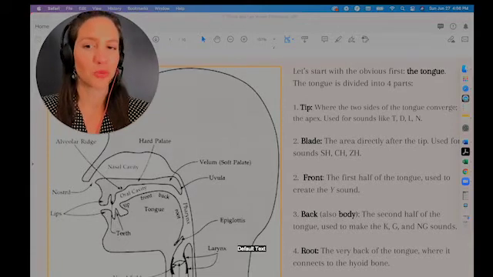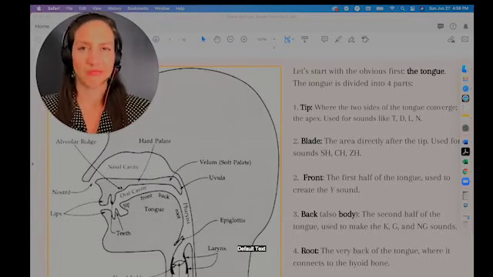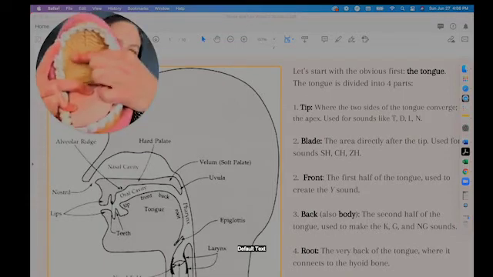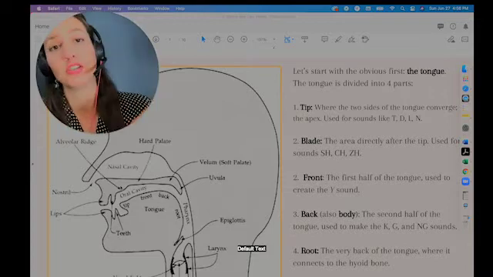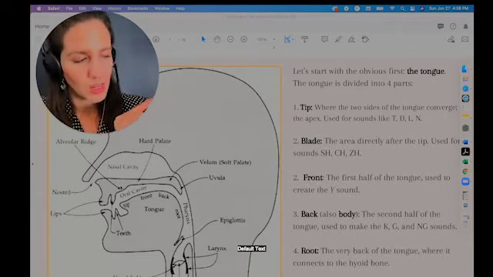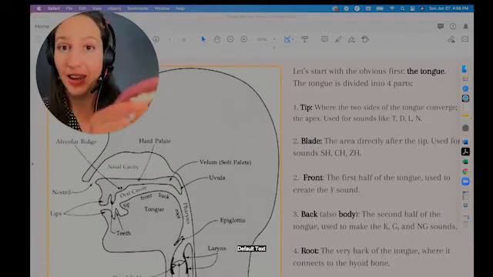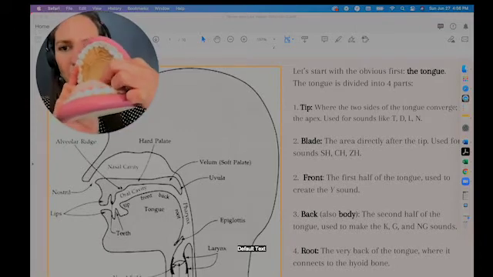The next structure we're going to look at is called the palate. And the palate is just a fancy word for the roof of the mouth. Here's the palate. And the palate is divided into two sections, the hard palate and the soft palate. The hard palate is composed of bone, making it hard. And it extends pretty far back into the mouth.